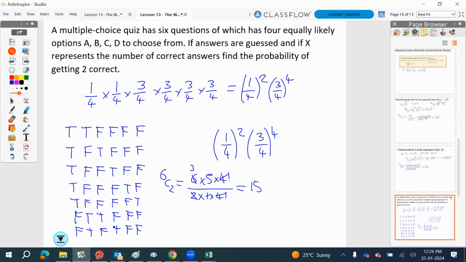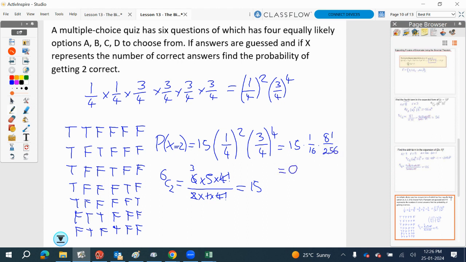Our probability that x is equal to 2 is 15 times this, which is 15 times 1 over 16 times 81 over 64 times 4, 64, 256.